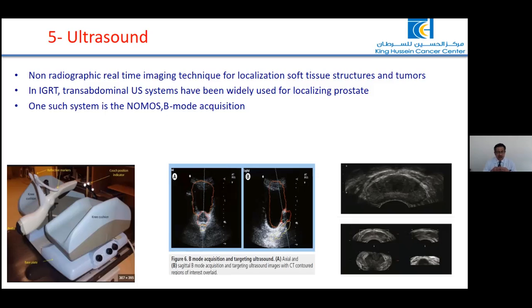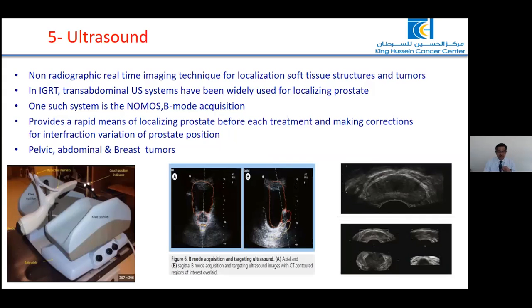And we have started that in our hospital for prostate cancer. There are many systems doing that, all of which provide a rapid means of localization, for example for the prostate before each treatment, and making correction for interfraction variation of the prostate position as an example.